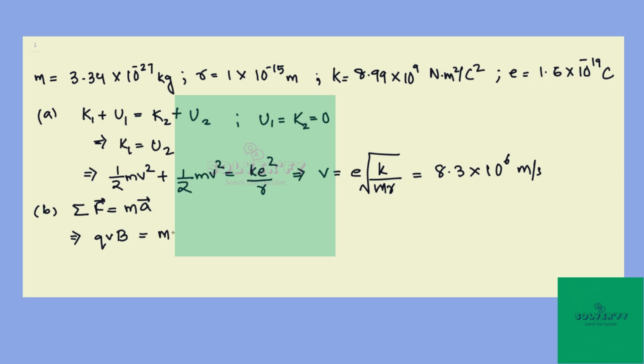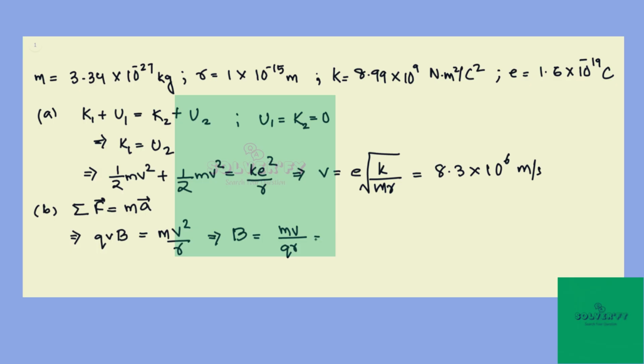So a is the centripetal acceleration, which is given by v square over r. And we are just equating the magnitudes of both sides. This gives the magnitude of magnetic field to be mv over qr.